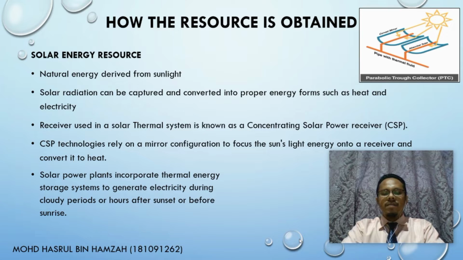Typically, solar power plants incorporate thermal energy storage systems to generate electricity during cloudy periods or hours after sunset or before sunrise, because of the ability to store solar energy. Concentrating solar power is a versatile and dispatchable source of renewable energy.